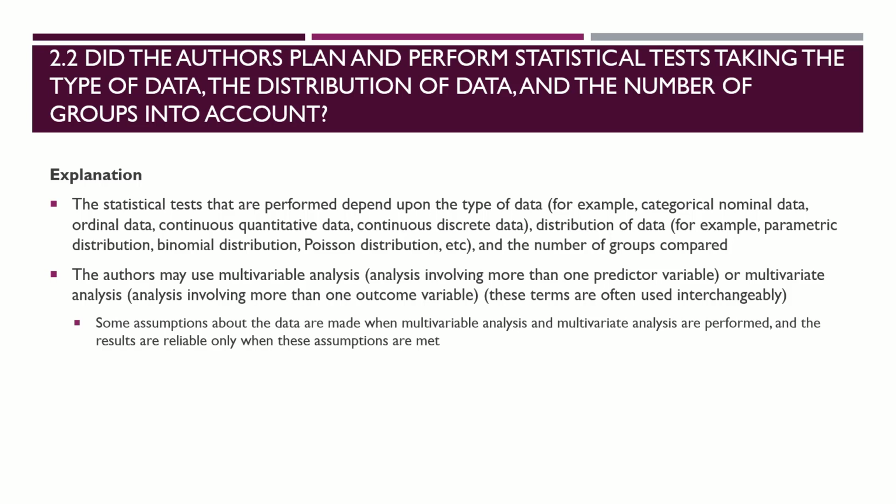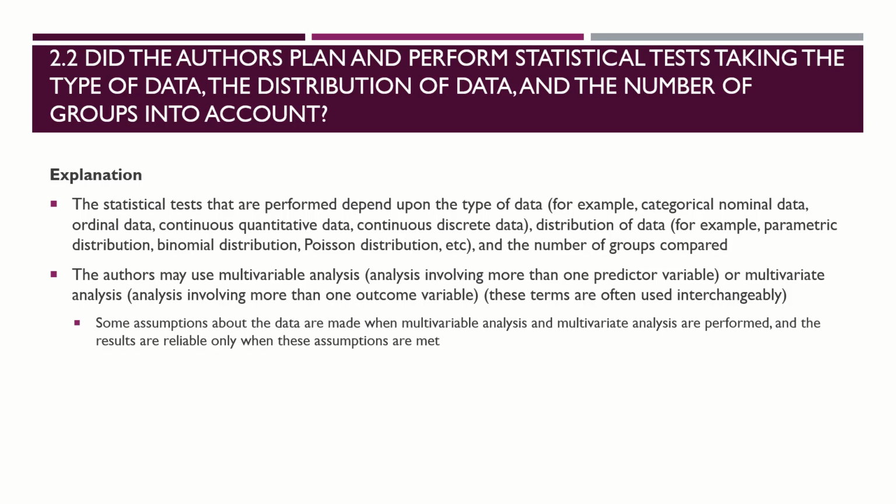Or multivariate analysis. Multivariate analysis is where analysis involves more than one outcome variable. But quite often these two terms are used interchangeably. But here, when they do the multivariable analysis or multivariate analysis, there are some assumptions made about the data.